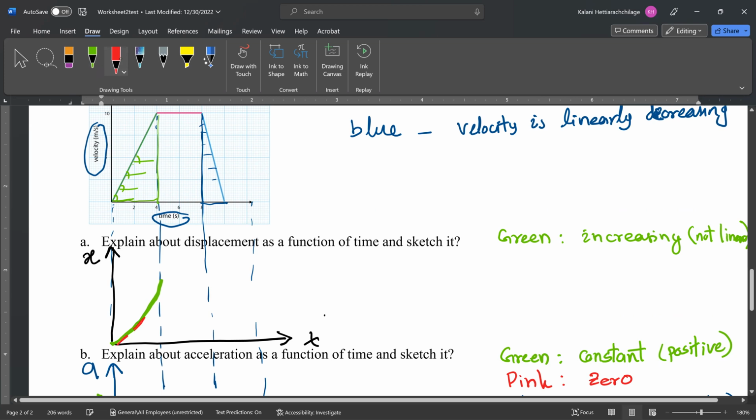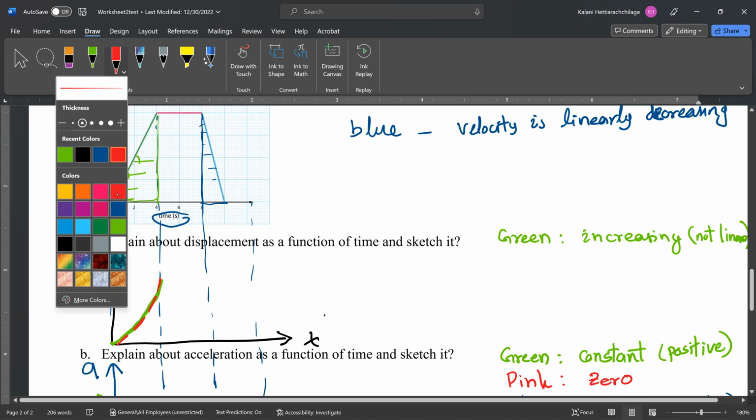You see that this slope is a little greater, this slope is a little greater, and this slope is a little greater. So keep increasing the slope. That is the top graph. That's the velocity graph. Okay, that means my displacement graph should look like this.